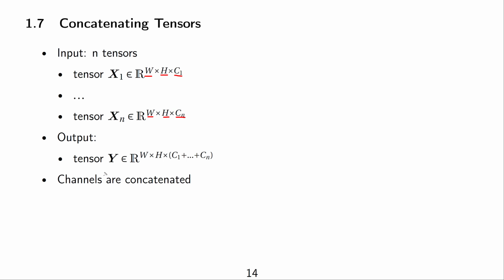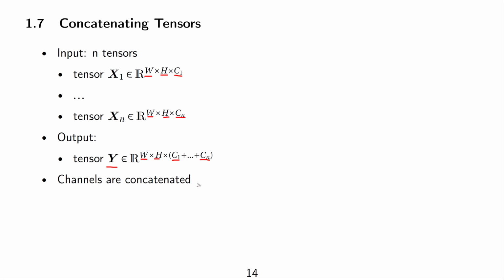The output then is a tensor y that has the same spatial resolution with height, but the number of channels is the sum of the number of channels of each of the individual tensors. So it's going to be C1 plus dot dot dot plus Cn.